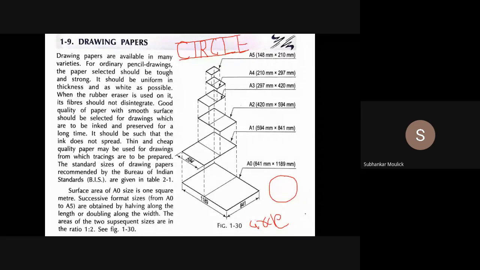Likewise, you have to give the heading to each of the drawings, whatever you are drawing. Fine. But remember one thing, there should be a gap of at least 0.5 centimeter.